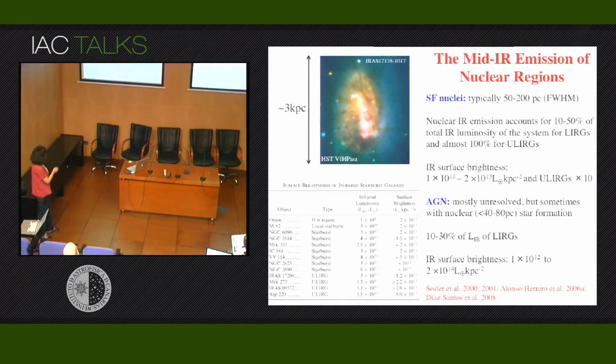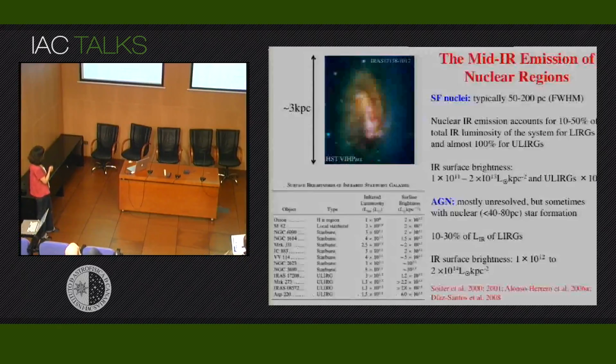Usually we find that it's between 10 and 50% depending on the galaxy, whereas as I said before, in ULIRGs it tends to account for almost 100% of the luminosity. You get very high infrared surface brightnesses, and of course you can see the numbers here. This is a compilation by Soifer et al. from 2001. But what you can see is that the nuclear surface brightnesses of LIRGs are comparable to the core of Orion. So obviously that is telling us that the processes taking place there are very, very energetic.